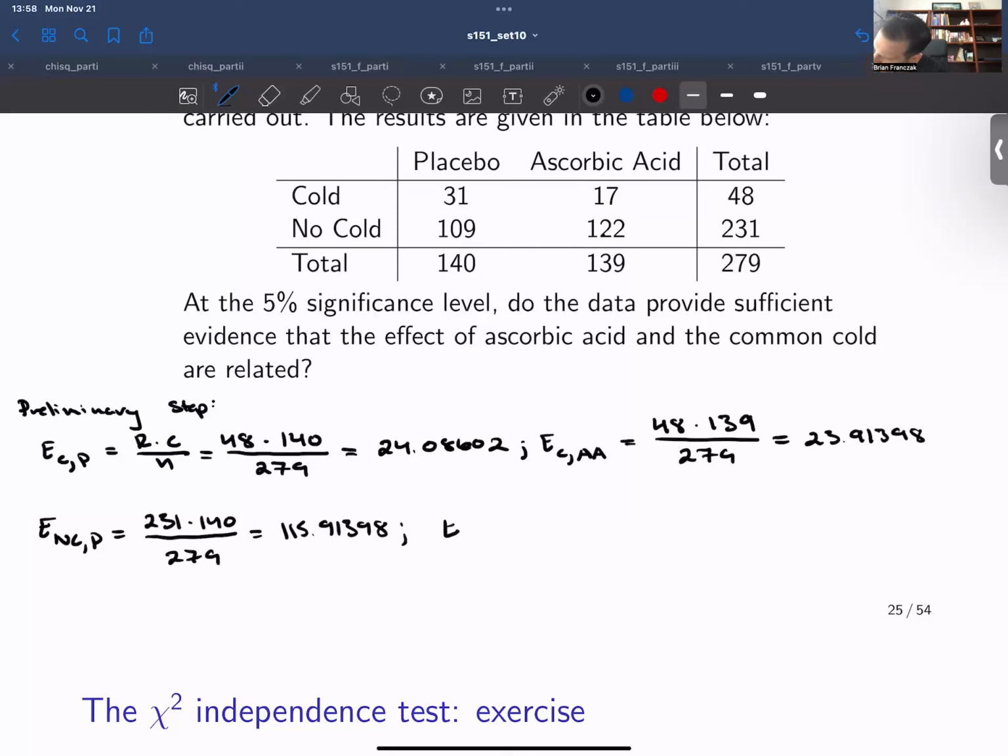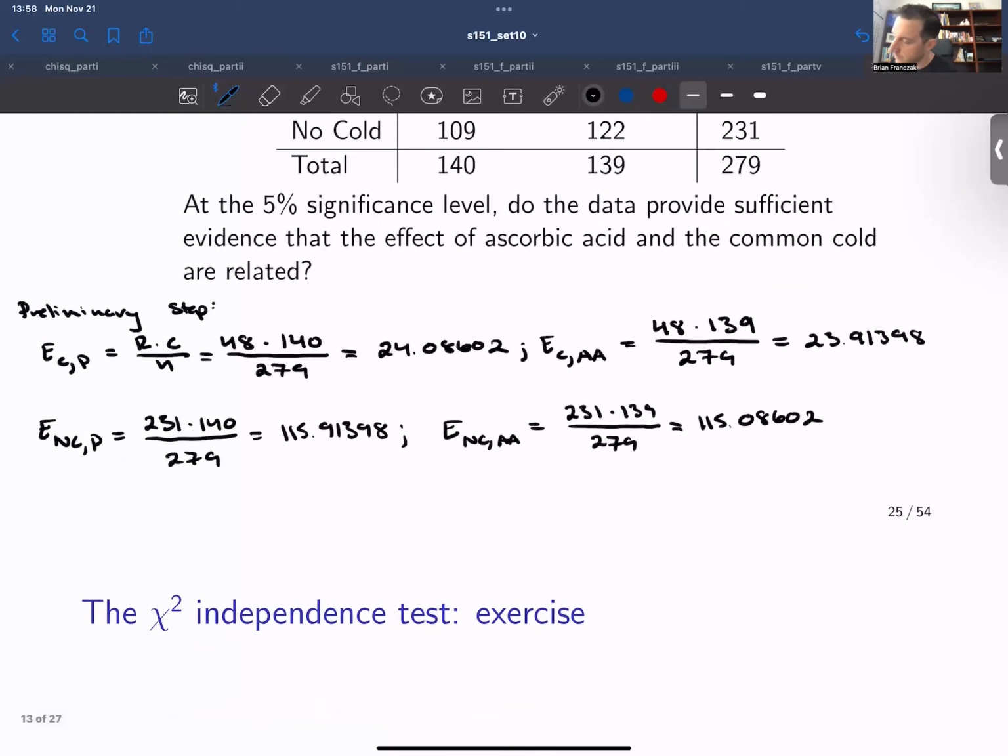And then finally, I need the expected number of people that do not have a cold given they are taking ascorbic acid. And this is going to be 231 multiplied by 139 over 279, which is equal to 115.08602. So these are my 4 expected values.